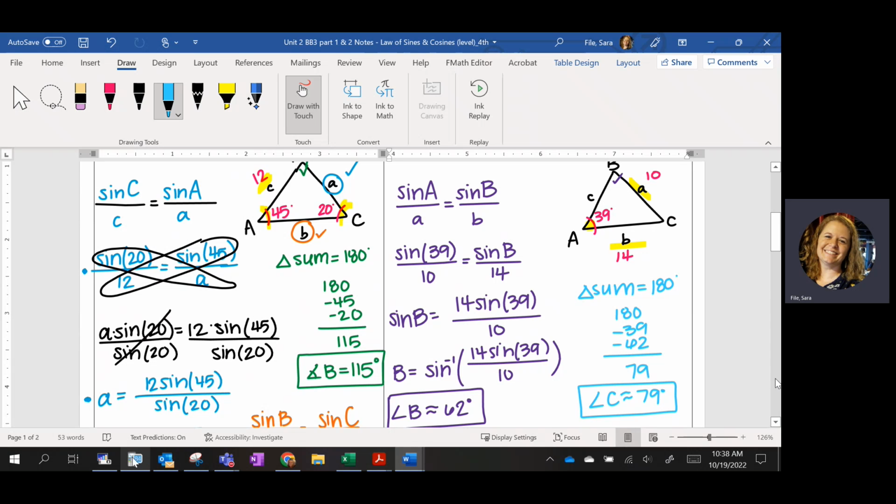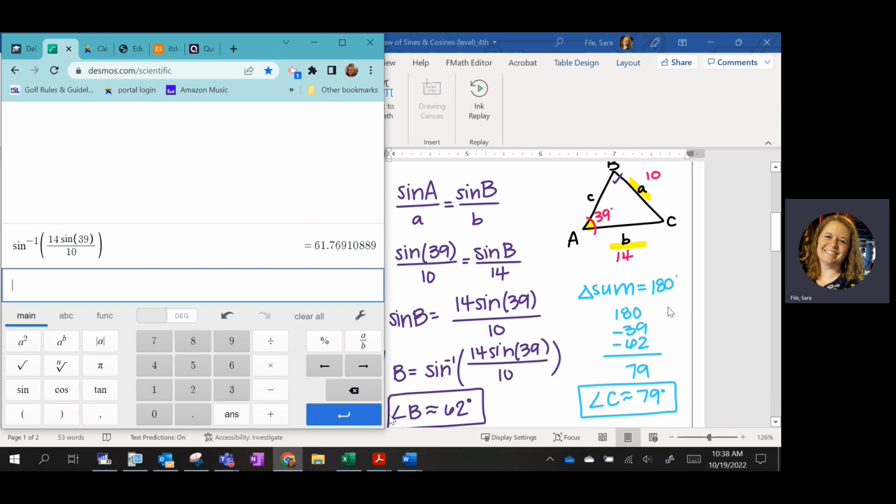So in my calculator, I'm going to go ahead and do this subtraction with the decimal. So in my calculator, I'll have the exact value of C because I'm going to have to use that in the next part.